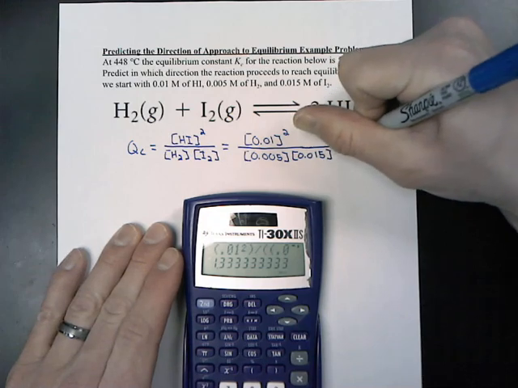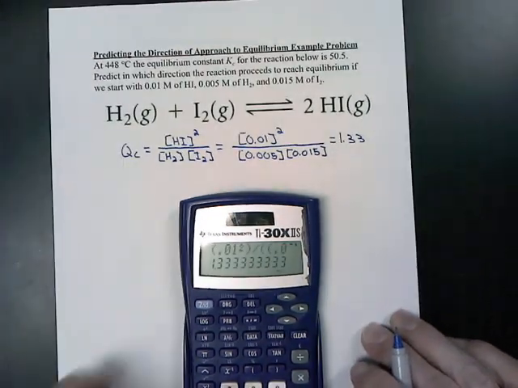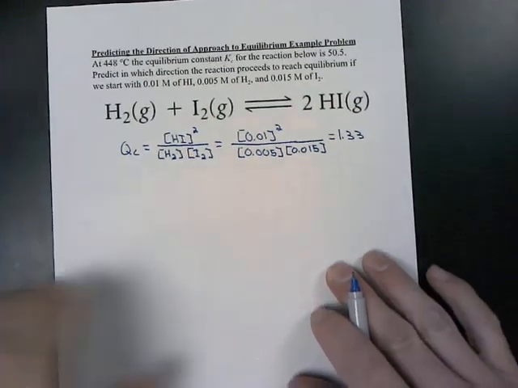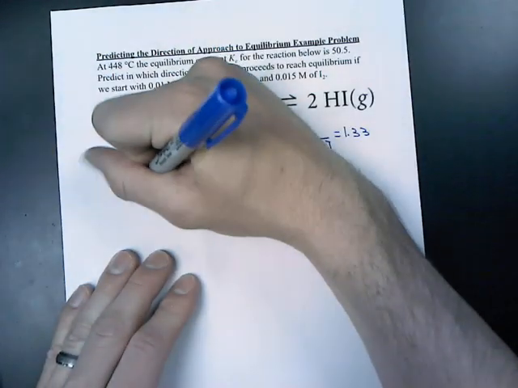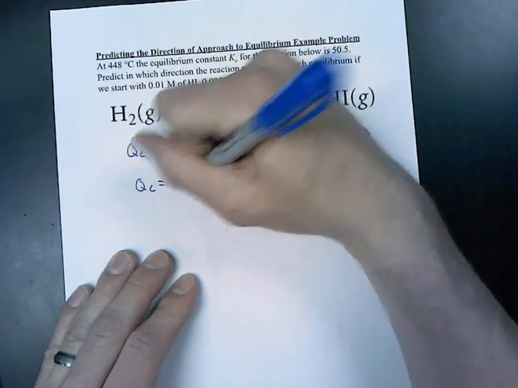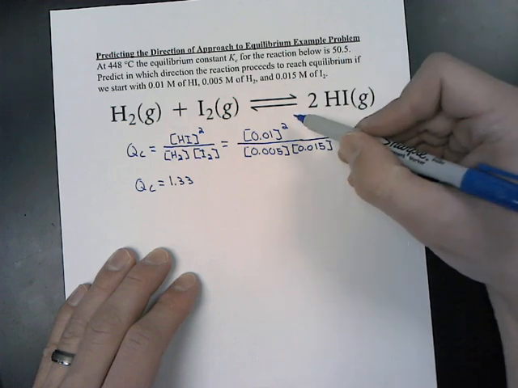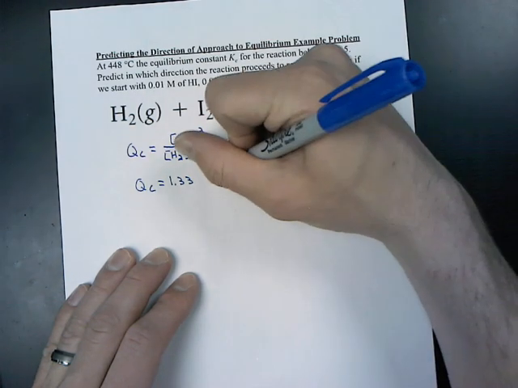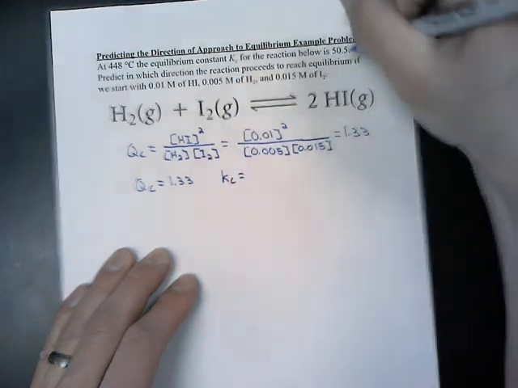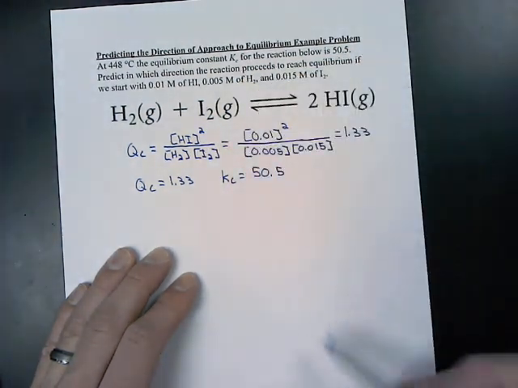And so we have this, and I'm going to rewrite this. Our Qc at this point in time is 1.33. Our Kc of this equilibrium expression is given in the problem as 50.5.